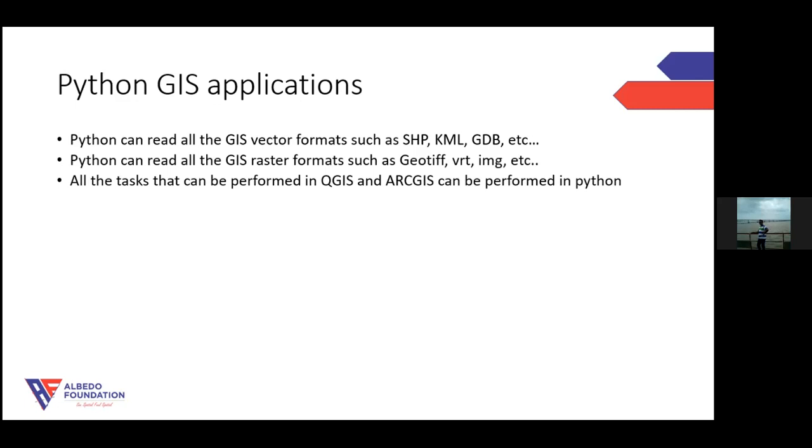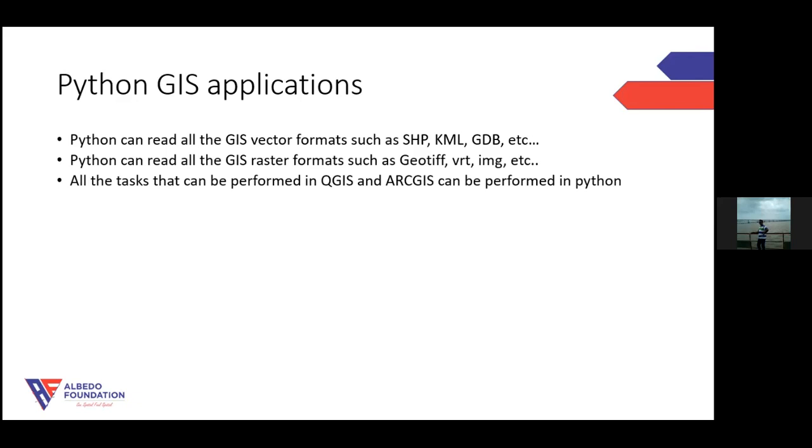Python can read all the GIS vector formats such as shapefile, SHP, KML format, GDB format, and many other formats. It can also read all the raster formats like GeoTIFF, BRT format, and image format.